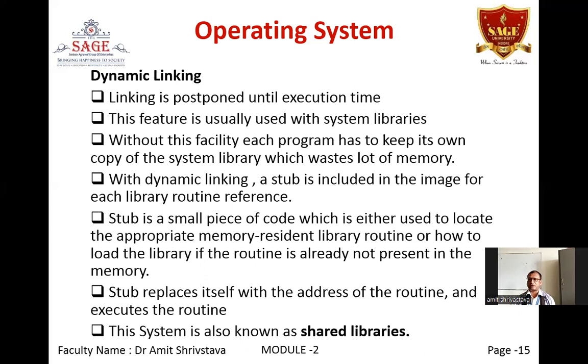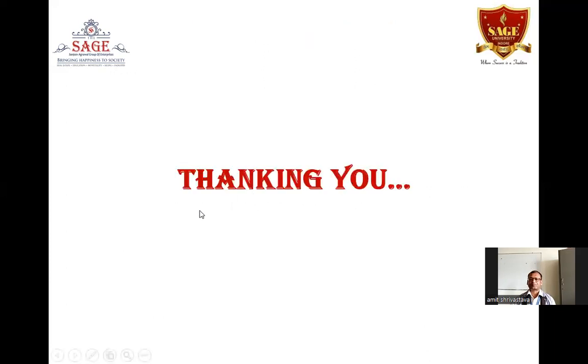And if it is not present in the RAM or main memory, then it will load it from the hard disk. So this is how 10 programs can use a single copy of the iostream.h header file. And therefore, the dynamic linking concept also helps us save memory space. So thank you.